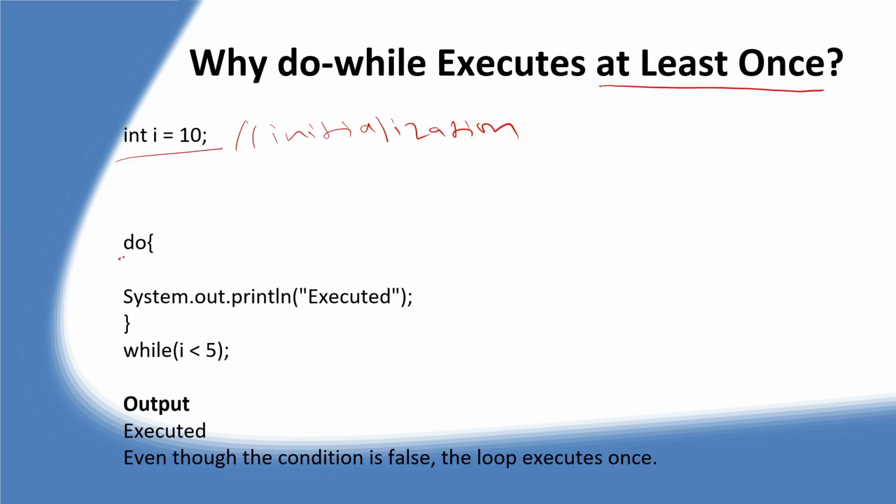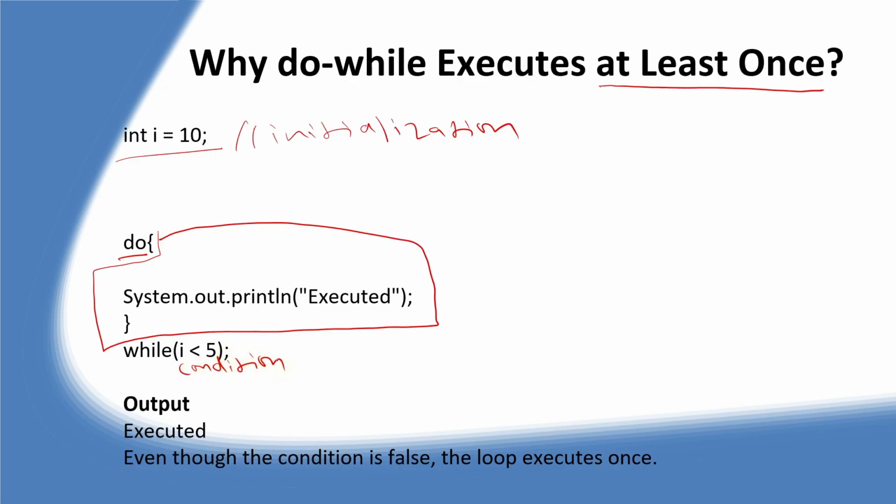This is the do block, and this one is the condition. So how will the code execute? It will first execute this line, then this line, then this line.